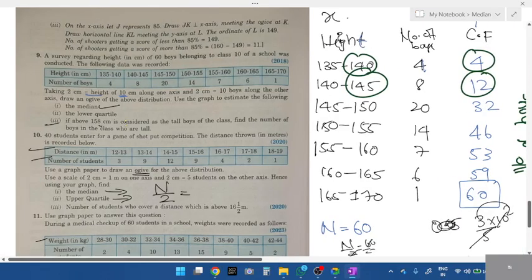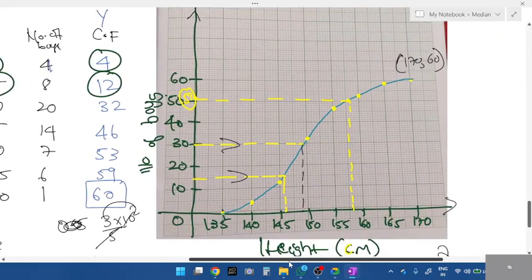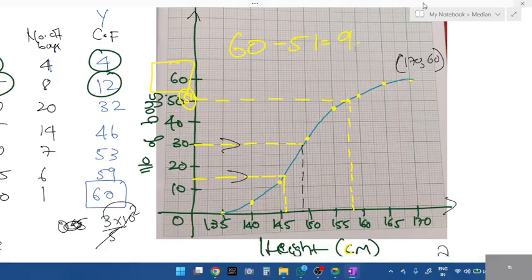Now, what have they asked here? Find the number of boys in the class who are tall. If you respond, all of you. If 158 centimeter is considered as tall, find the number of boys in the class who are tall. Total, how many boys are there, students? Look at number of boys. What's the highest value? See, minus this 51, whatever value we have. So how many boys are tall? 9 boys.